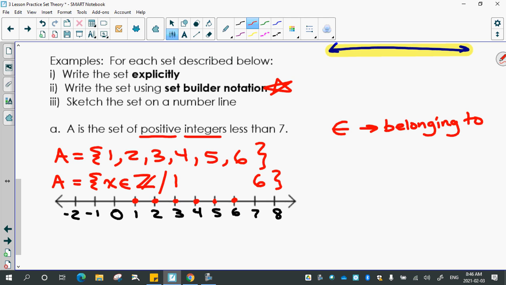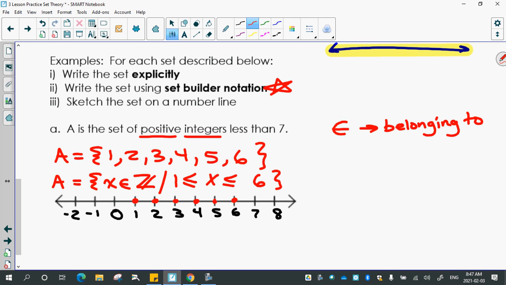Okay, and this is set builder notation. So put X in the middle. And this is called squeeze notation. So according to X, X has to be greater than or equal to 1, because 1's in the set. At the same time, it's less than or equal to 6. Notice the arrows point towards the window, or point towards the as long as bar.